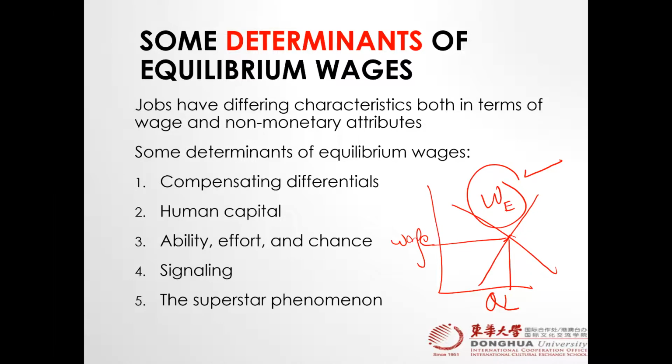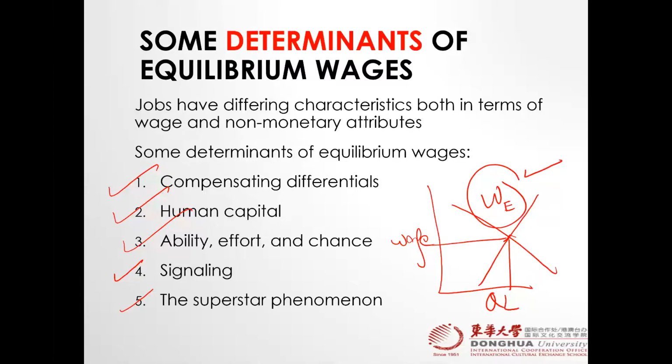So these are the determinants: compensating differentials, human capital, ability, effort, and chance, signaling, superstar phenomena. So let's just talk about one by one.